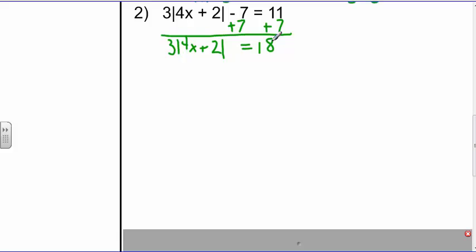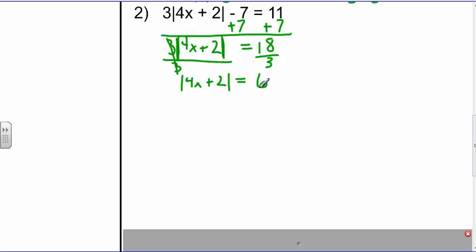Now to get rid of that 3 in front, that's like multiplying, so it's 3 times the absolute value. So if we want to get rid of it, you do the opposite. So we're going to divide both sides by 3 so that the 3 cancels, leaves us with absolute value 4x plus 2 equals 6.